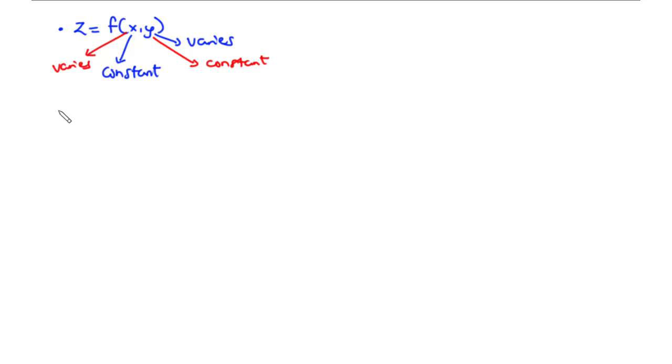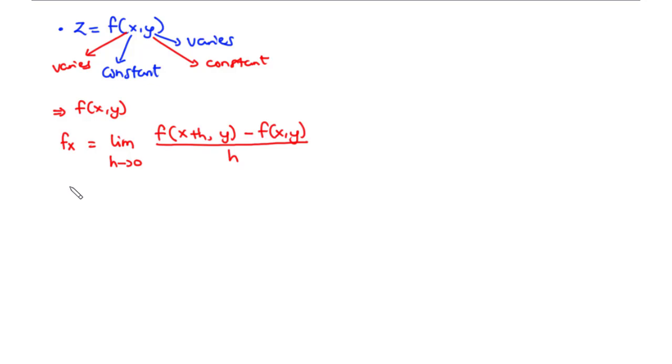variable. So given that we have a function f of x y, the partial derivative of f with respect to x is given by the limit as h approaches 0 of the function f of x plus h, y minus f of x y, all divided by h, and the partial derivative of the function with respect to y is also given as the limit as h approaches 0 of the function f of x, y plus h minus f of x y all divided by h.